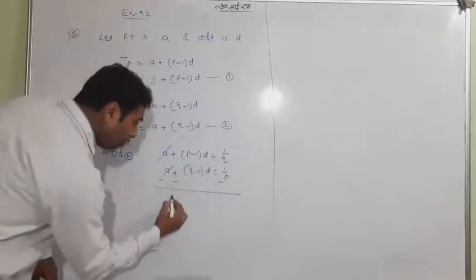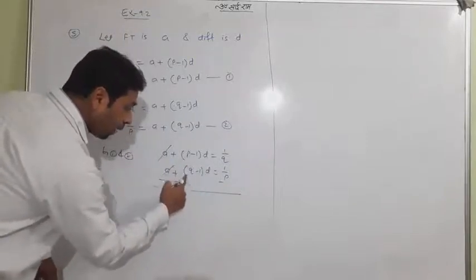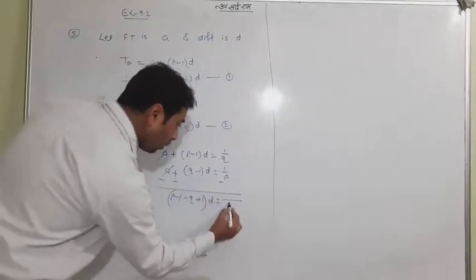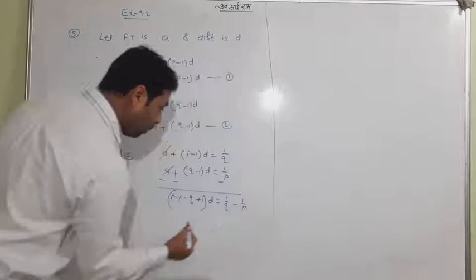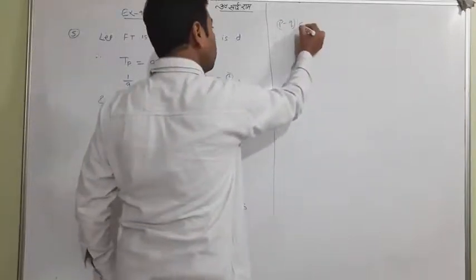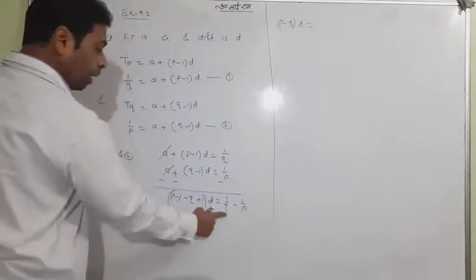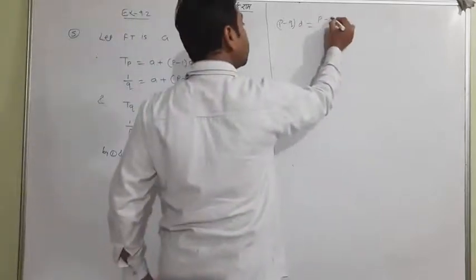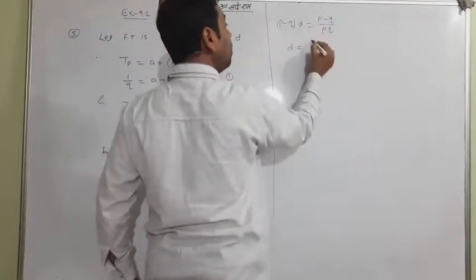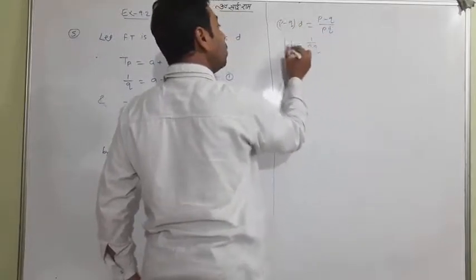Take out d: (p minus 1 minus q plus 1) is equal to 1 by q minus 1 by p. 1 and 1 cancel. (p minus q) d is equal to, taking an LCM, (p minus q) upon pq. So these two cancel, and only 1 by pq remains for d.